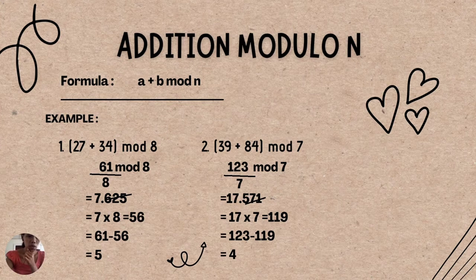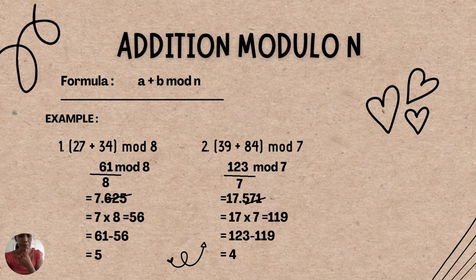You need to get the whole number and eradicate the decimal places. So 7 times 8 equals 56. 61 minus 56 equals 5. So 5 is the remainder of 27 plus 34 mod 8.